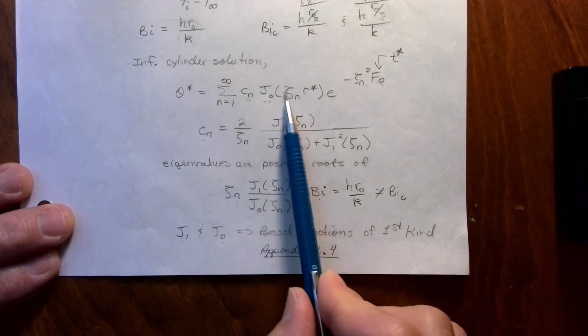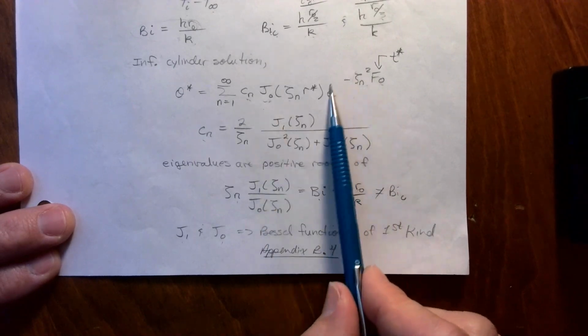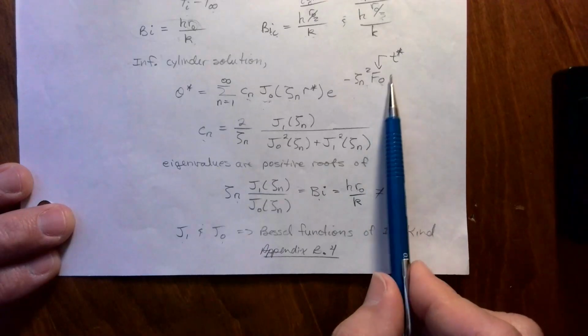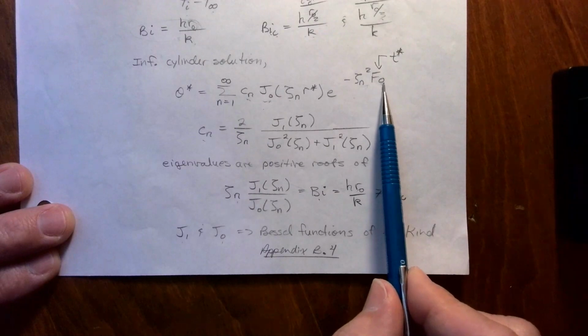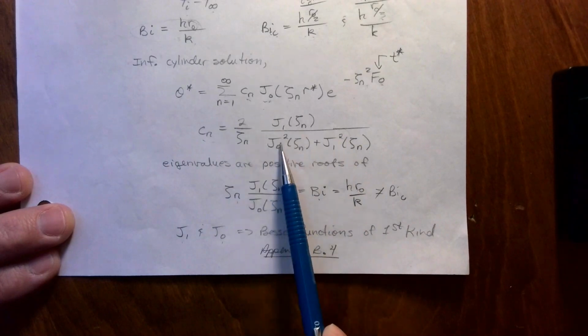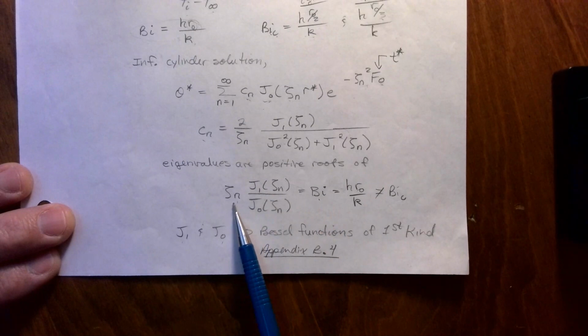Instead of a cosine here as we had for the x problem, we have a Bessel function of the first kind. And we still have this same exponential term. Remember, Fourier number is the same thing as t star. New definition of the Fourier number now, right? We have r naught squared over alpha for the time scale. These C's are actually different. That's a different formula. And this is a different transcendental equation for zeta n.